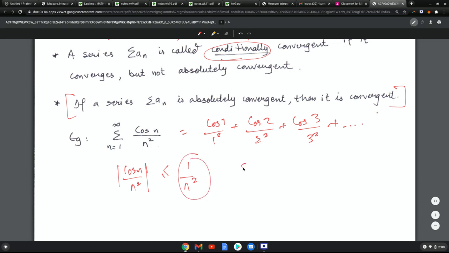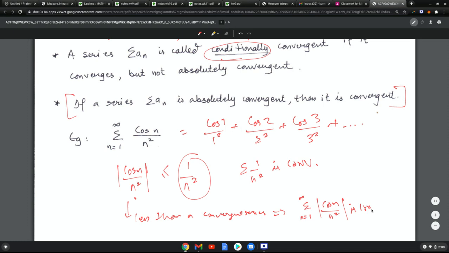Now, what do we know about this series? This series is convergent. If this series is convergent and this is less than a convergent series, that implies that this is also convergent.